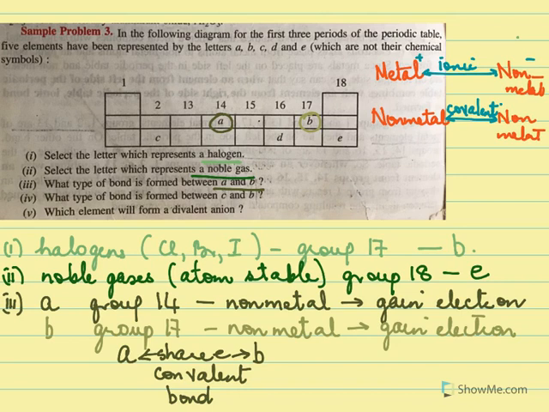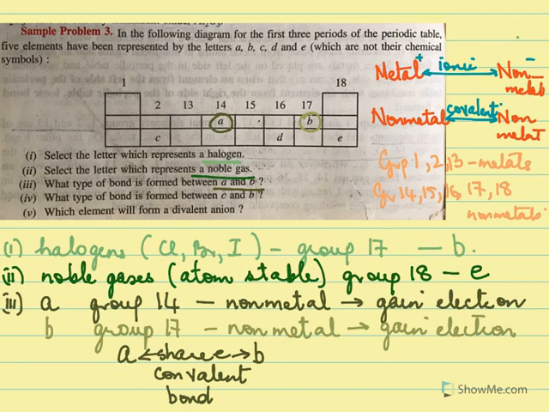And another thing you need to remember here is that groups 1, 2, 3 are metals, and group 13, not 3, 13, then 14, 15, 16, 17, 18 are non-metals.